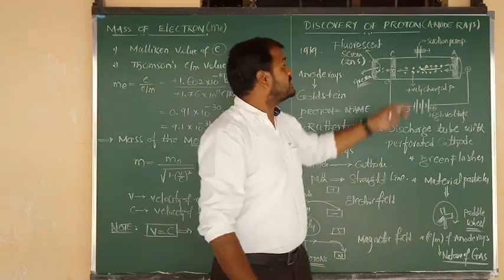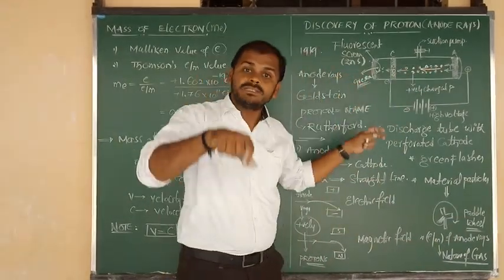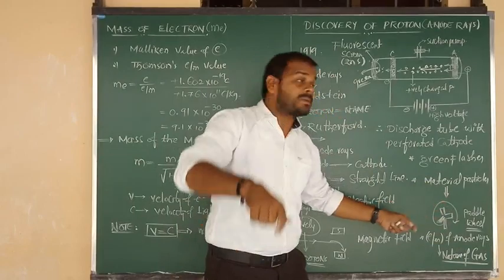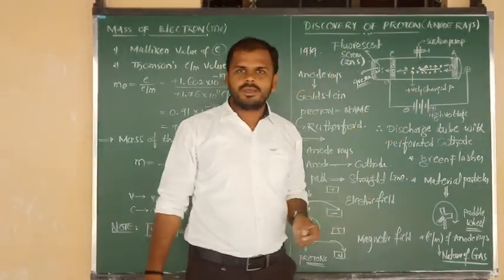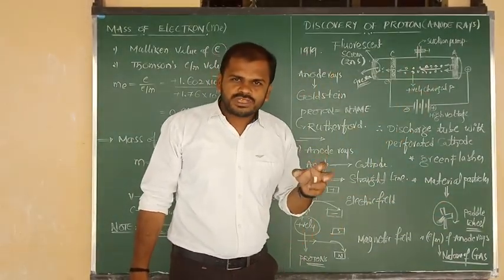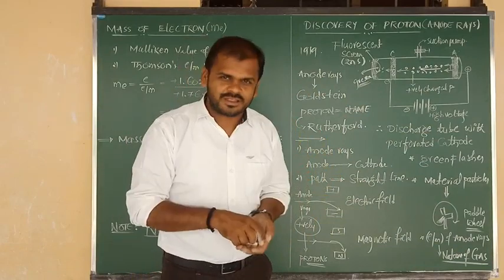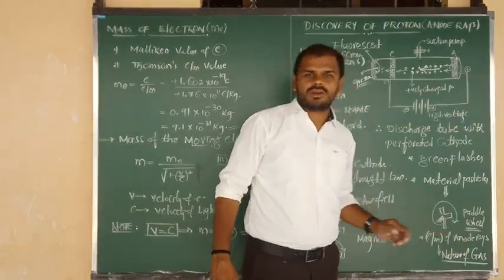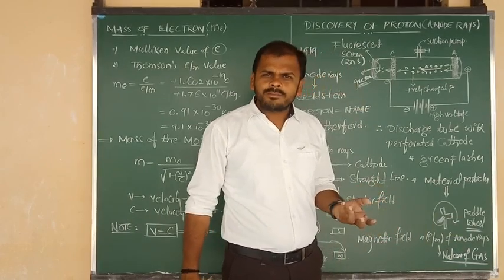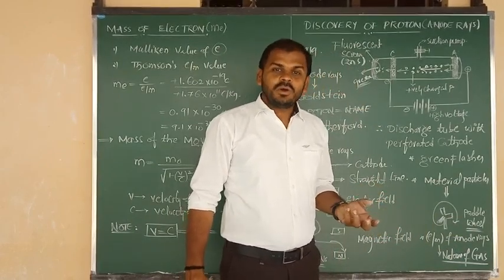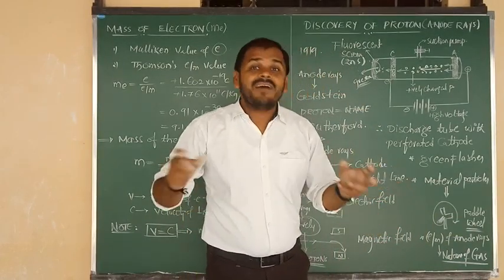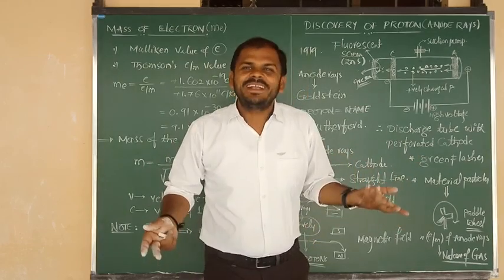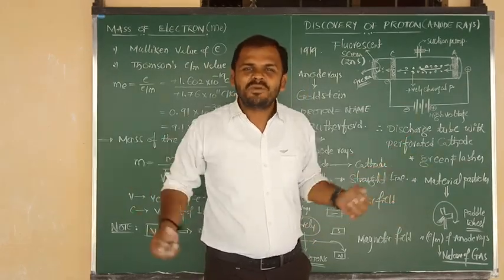Why does the charge to mass ratio of anode rays depend upon the gas present in the glass tube? The answer: e by m of what? Anode rays. Anode rays are nothing but protons. Do all gases have the same number of protons? No. They have different numbers of protons.